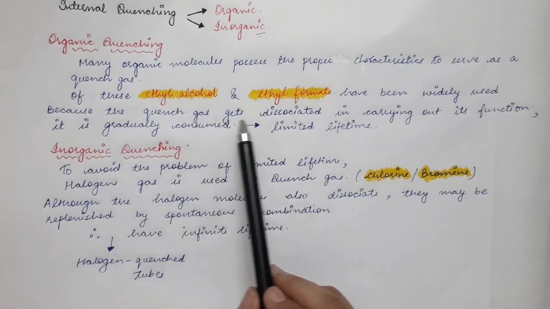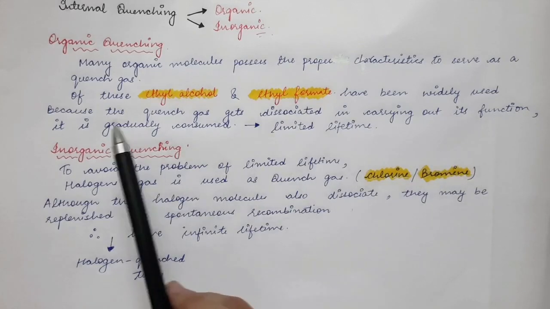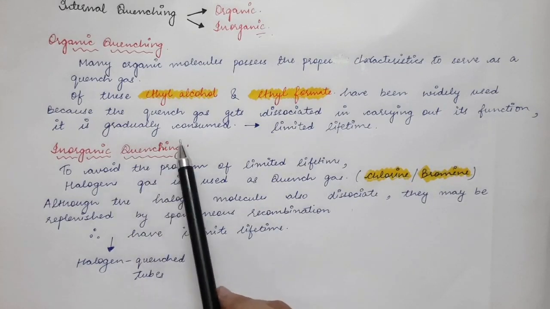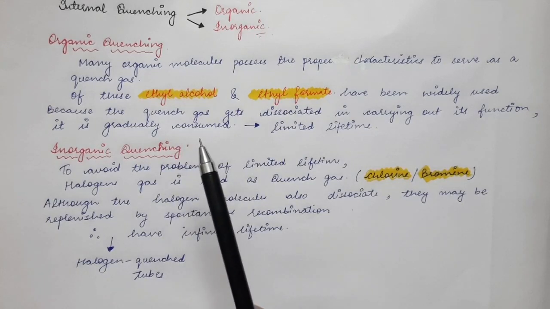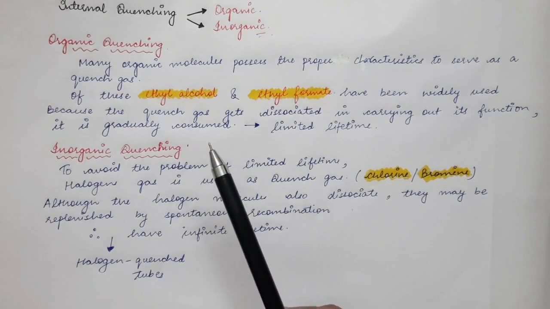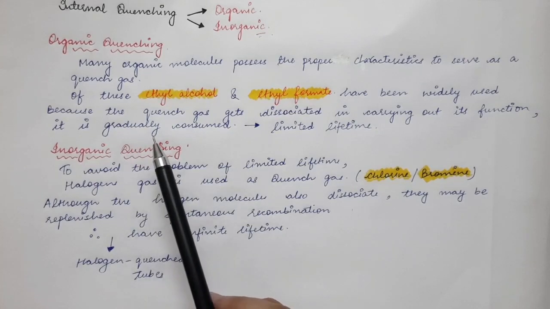So the quench gas gets dissociated in carrying out its function, due to which it is gradually consumed in the GM tube.